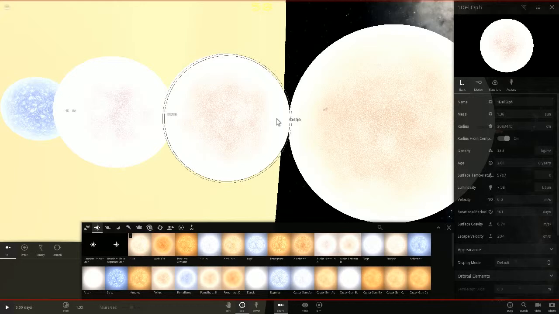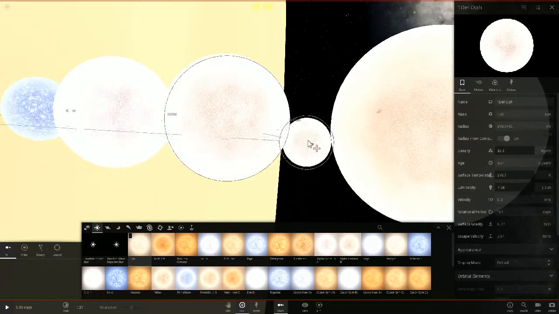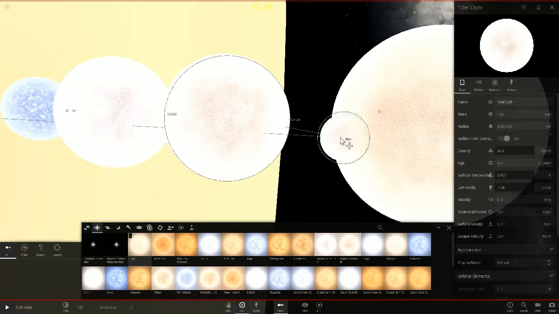It's 7.58 times the luminosity of the sun, but its surface temperature is just a little bit more than what the sun is. And what this is telling me, oh yes, that is a drastic difference.